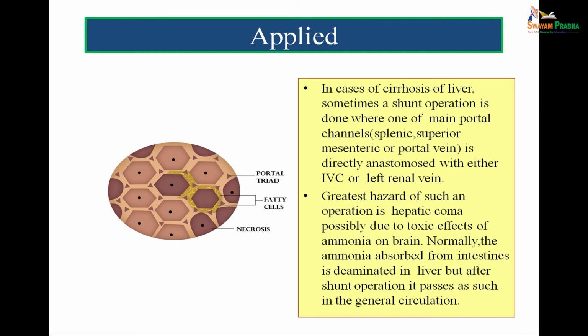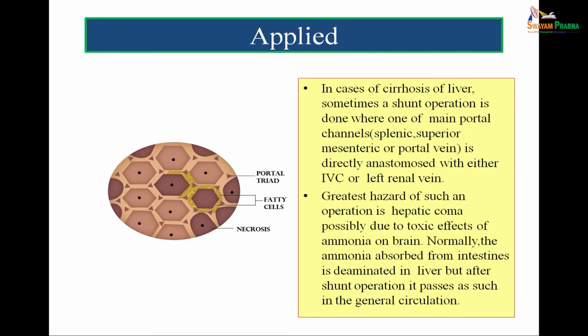Now what will happen here, I told you initially the main function of the portal vein is to ensure that whatever we ingest is processed in the liver. So here if we are bypassing the liver by performing the shunt operation, then the deamination which was to take place in the liver won't take place. So ammonia will have a toxic effect on the brain, and the person may go into coma.